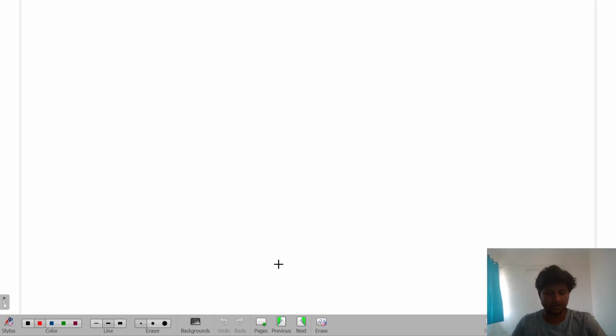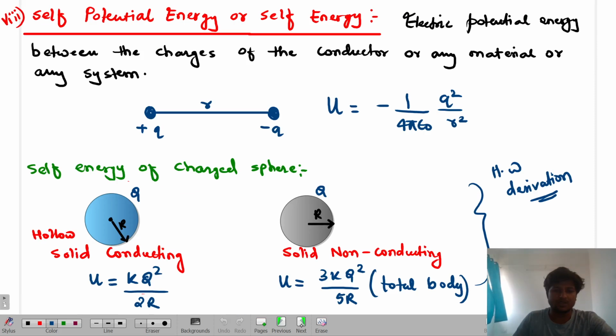Okay. Now look over here. So now the question comes: okay, fine, self energy is done, so what about the energy? Look over here, I have some volume of the conductor, and then this volume of conductor will have some electric field, isn't it? Some field lines at some region.